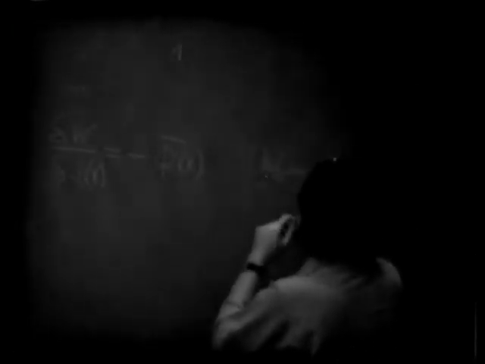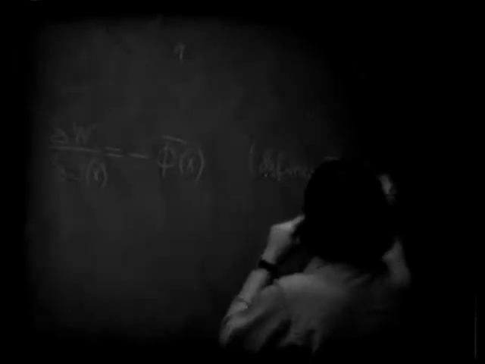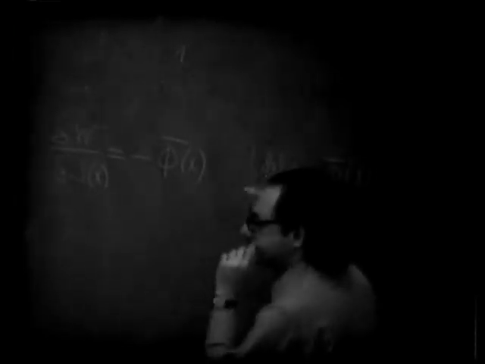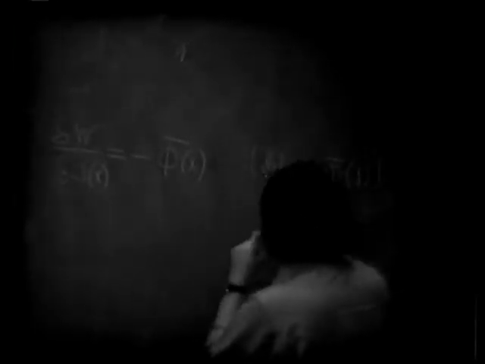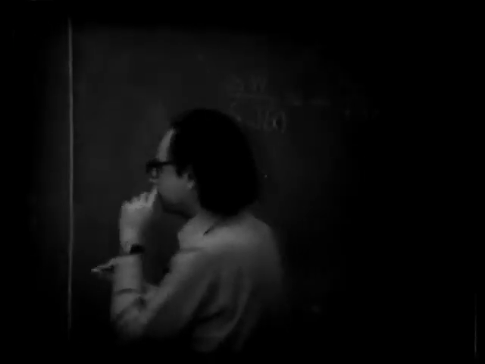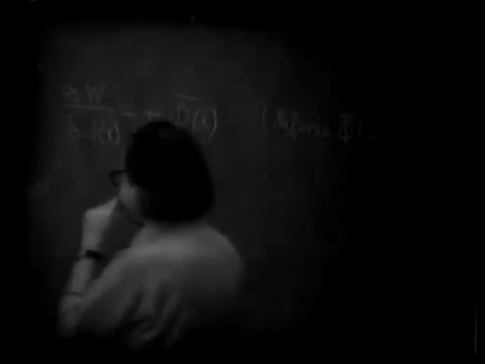It defines phi bar as a function of J. Yes, plus, indeed. Thank you. You remembered how to invert a Legendre transformation better than I did.